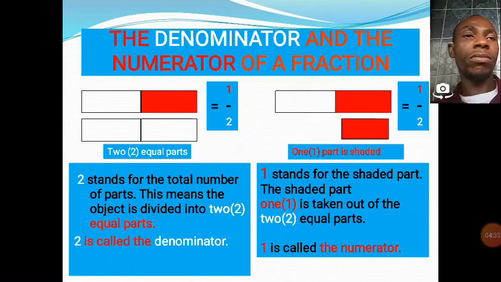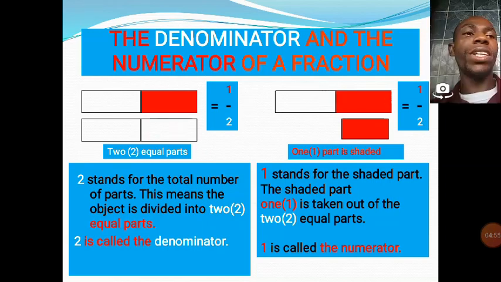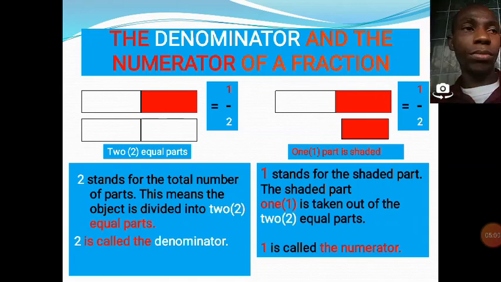And so therefore, the denominator of a fraction shows the total number of parts the object is divided into. And then the numerator of a fraction shows a part that is coded or shaded. The denominator is written below and the numerator on top of the denominator. Very good. Let's continue.